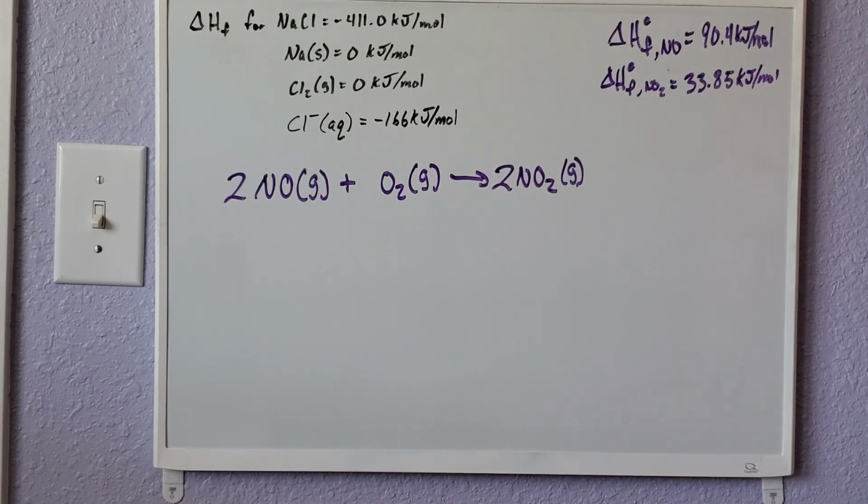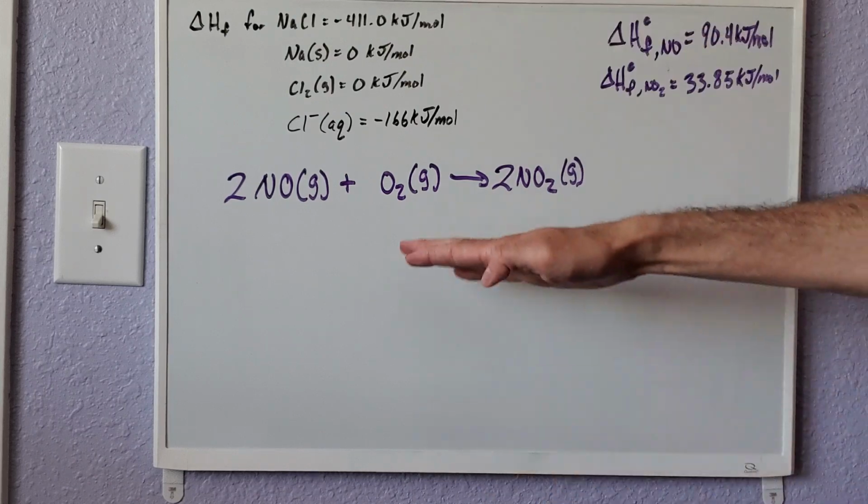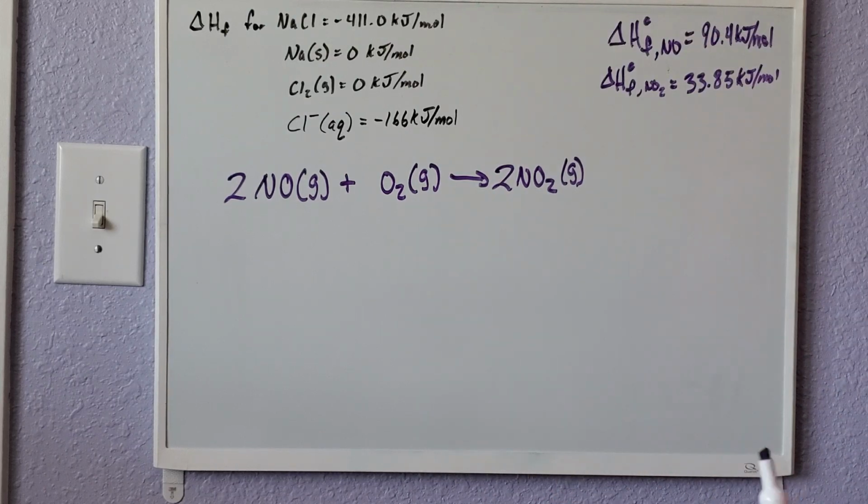One other thing you have to notice here is I gave you information about nitrogen monoxide and nitrogen dioxide. I do not give you a delta H of your O2 because the delta H of oxygen as a diatomic gas, the way it always occurs in nature, is going to be 0.